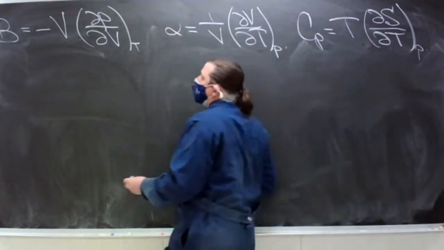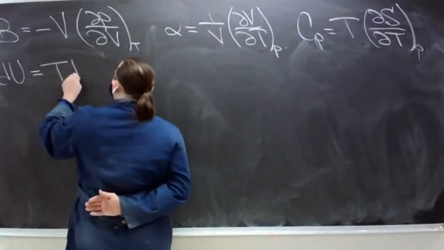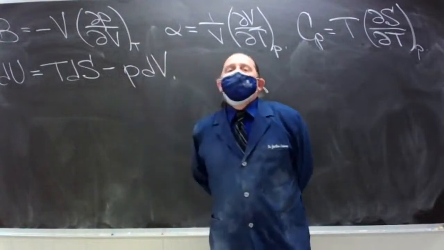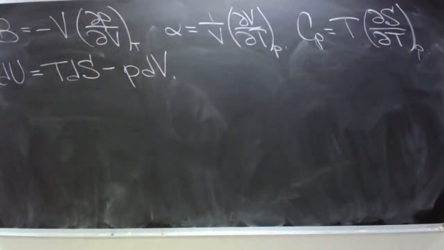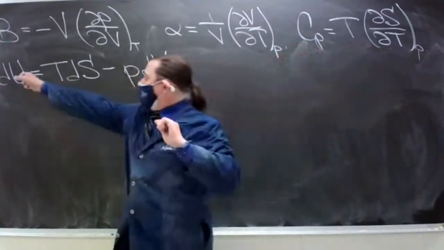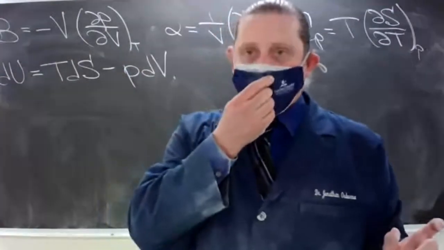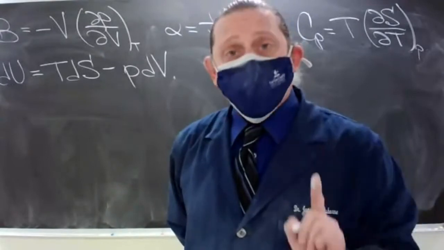Remember, the change in the internal energy is equal to T dS minus P dV. This is a change in a state variable. It's an exact differential. So now we can apply Clairaut's theorem.